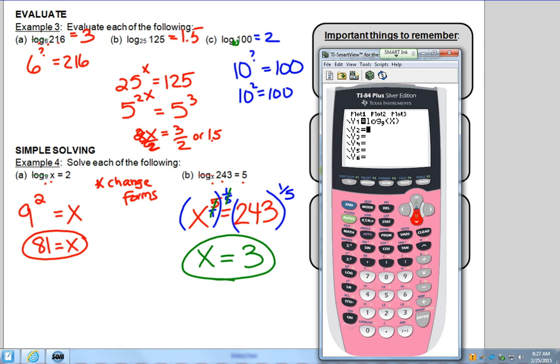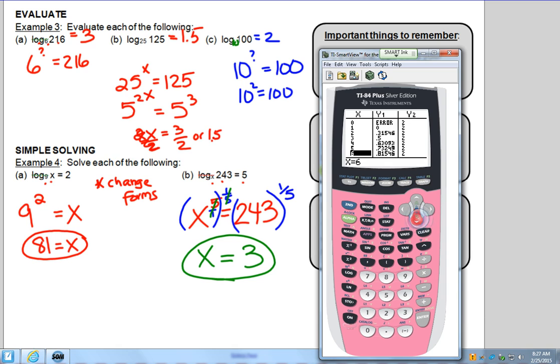And then put 2 on the other side of the problem. And then I can check my graph and my table. Now we already know the answer is 81 for this problem, so the answer is pretty far out. You can also go to the table and try to do it that way.